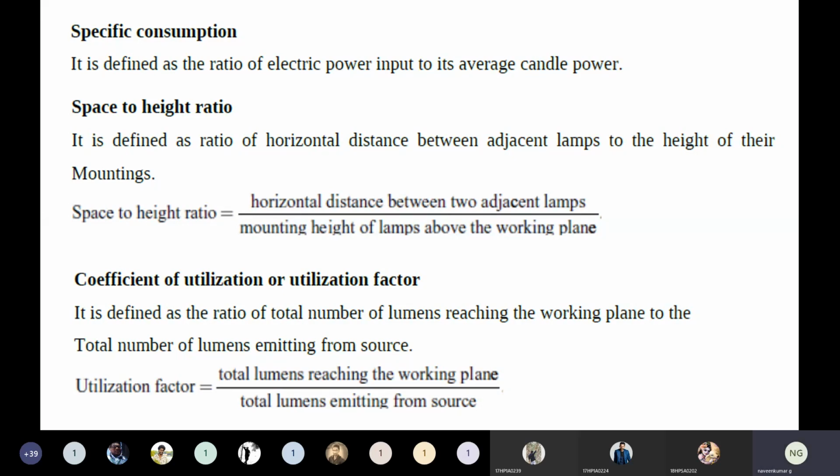Next definition is space to height ratio. It is defined as the ratio of horizontal distance between adjacent lamps to the height of their mountings.